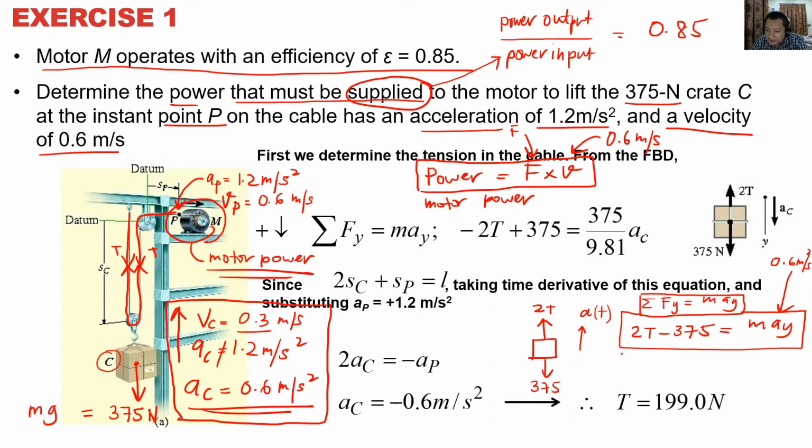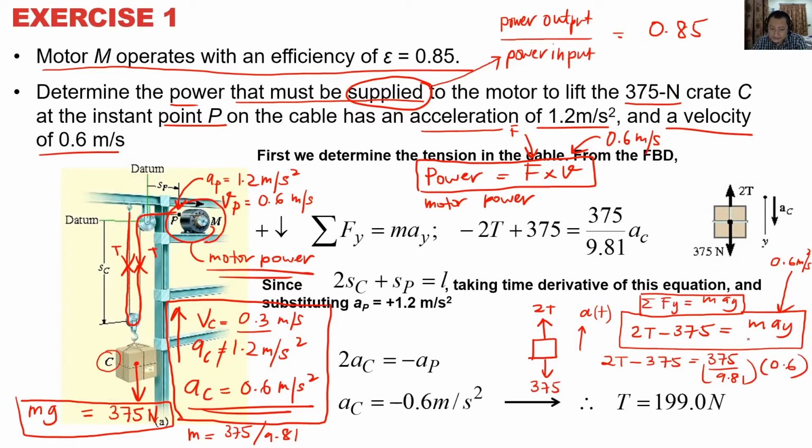So what can we get from here? 2T minus 375 is equal to mass times acceleration. What's the mass of the box? Use this formula: mass equals 375 divided by 9.81, times the acceleration of the box, which is 0.6. So what is T?